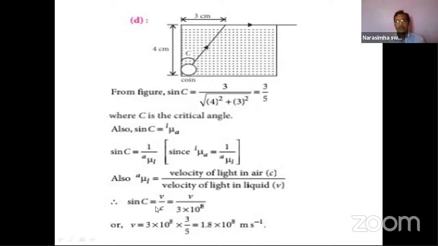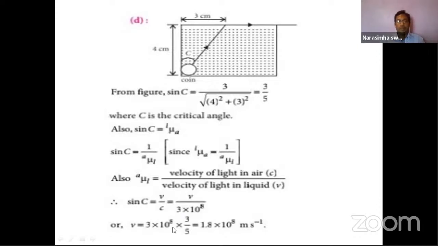So mu is equal to C by V, but sin C is 1 by mu. So sin C is equal to V by C. The V value we need to calculate, and C, the velocity of light, is fixed, that is 3 into 10 power 8 meters per second. So sin C is equal to V by 3 into 10 power 8.